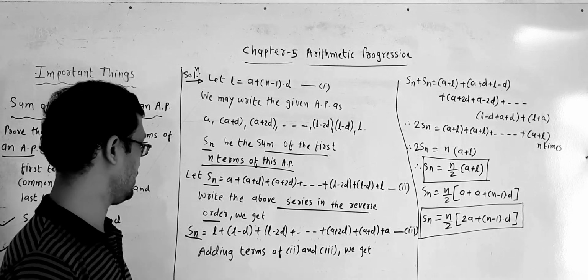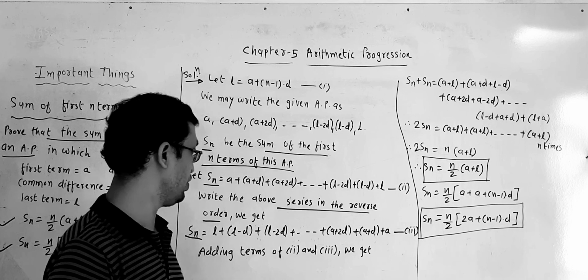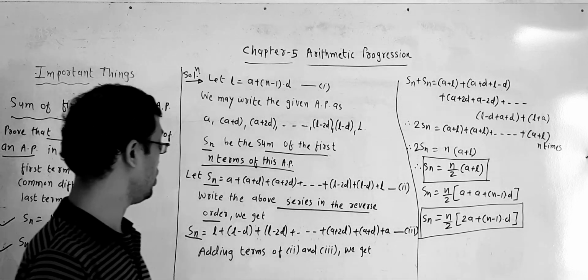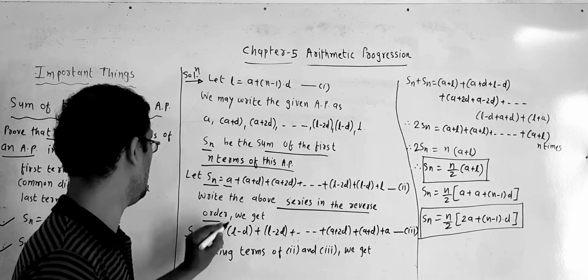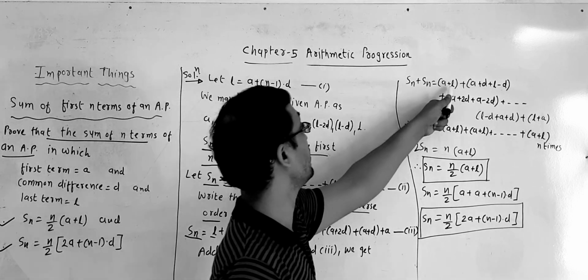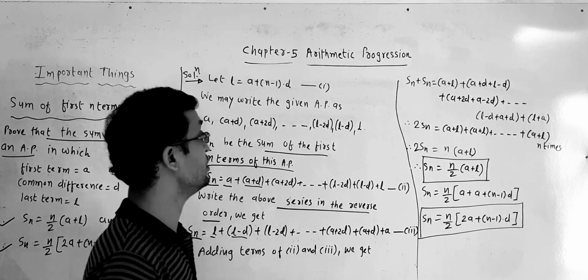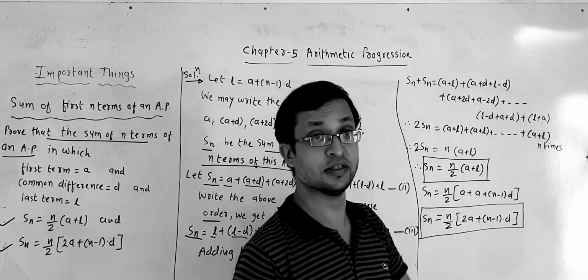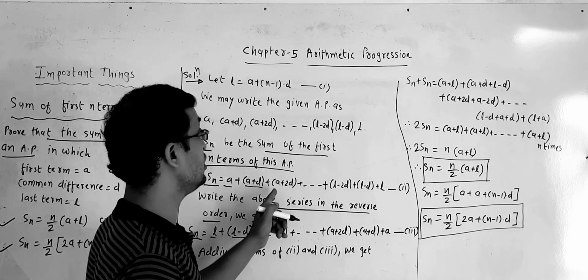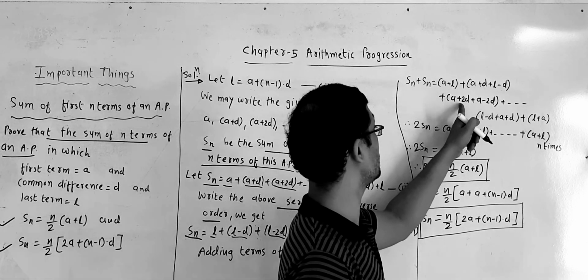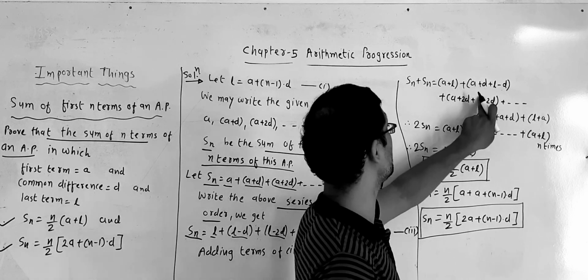Therefore Sn plus Sn, adding the terms of 2 and 3. The first term is a plus l. The second term is a plus d plus l minus d. The third term is a plus 2d plus l minus 2d.